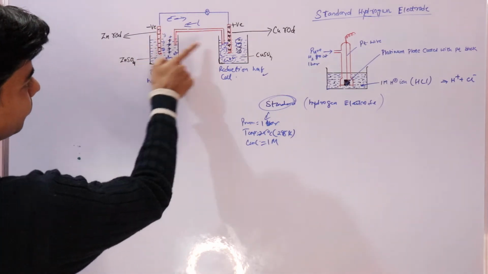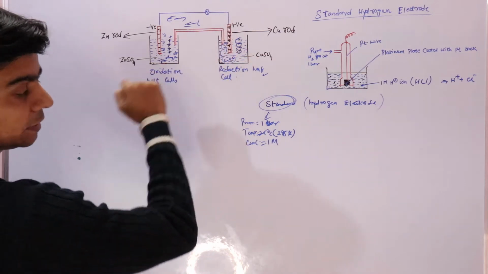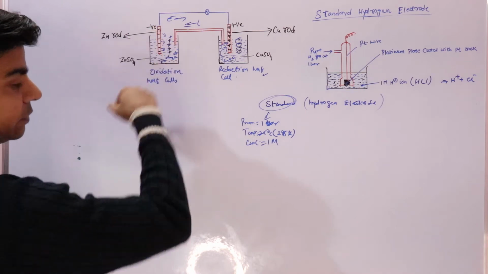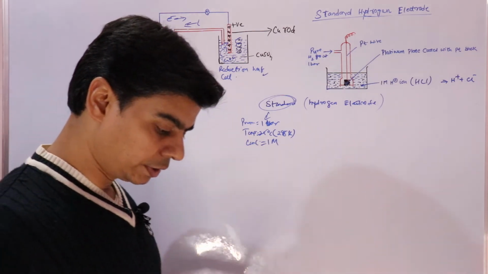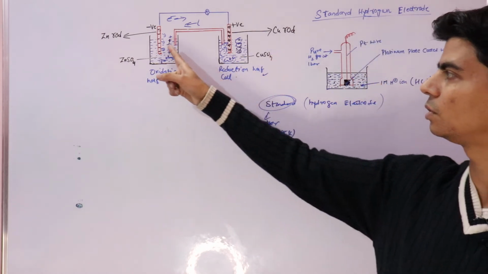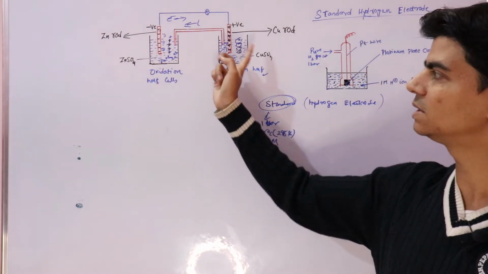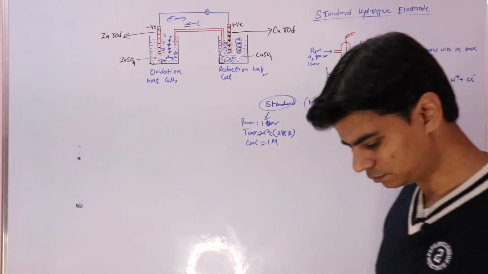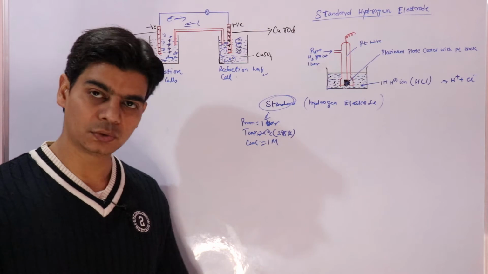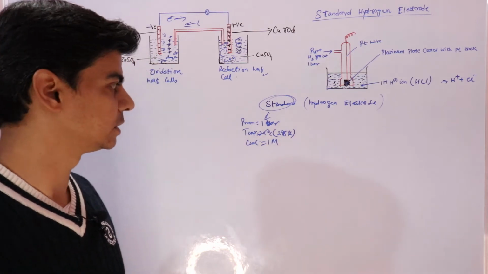Here copper is in contact with its own ions, and here zinc rod is in contact with its own ions. Since these are metal rods in contact with their own ions, we call these metal electrodes.